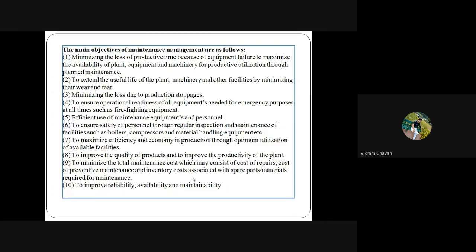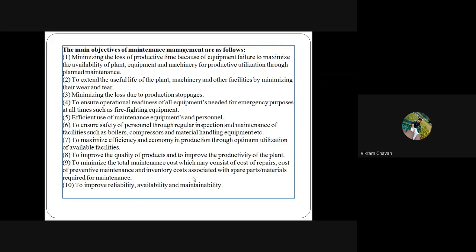We have installed them, and on a regular basis we have to perform maintenance of these facilities, so that in an emergency they are useful to avoid the consequences.